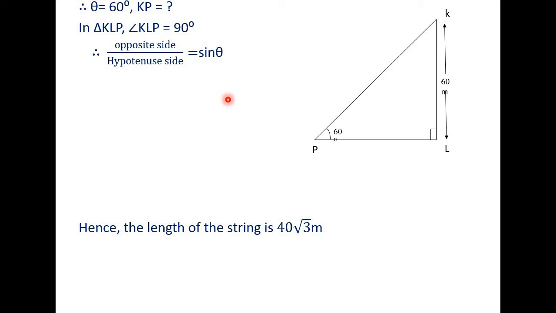The opposite is KL, so sin theta is equal to KL divided by KP, where KL is the opposite and KP is the hypotenuse. KL is 60, so 60 divided by KP. The value of sin 60 is root 3 divided by 2, which is equal to 60 by KP.